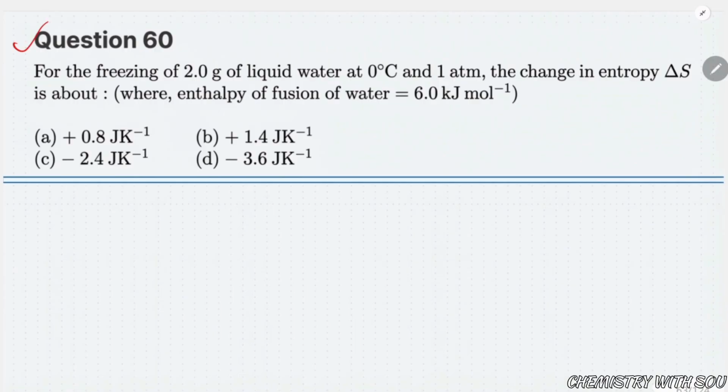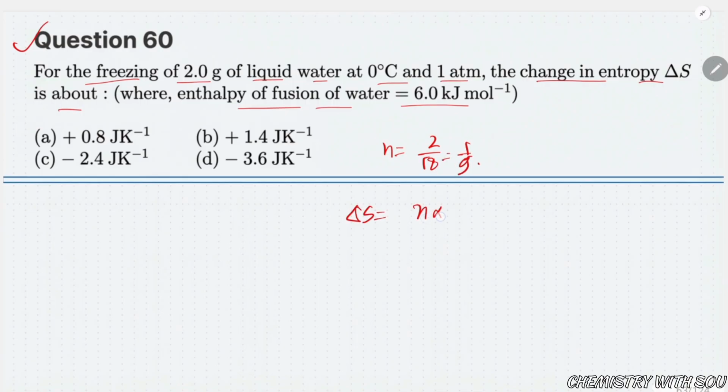Question number 60. For the freezing of 2 gram of liquid water at 0 degree centigrade and 1 atm, the change of entropy is about, the enthalpy of fusion is given. So this is in joule per kelvin, meaning we have to multiply it by moles, and the number of moles of water is 2 by 18. This is 1 by 9.